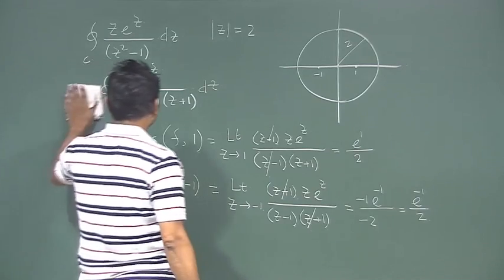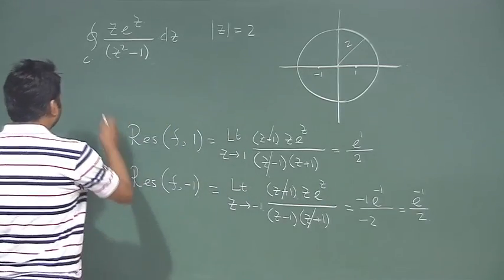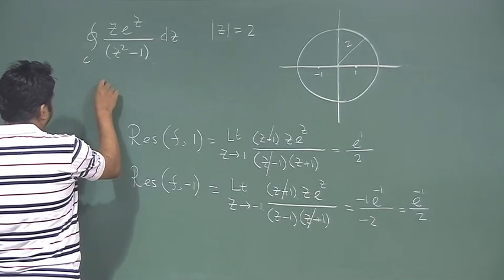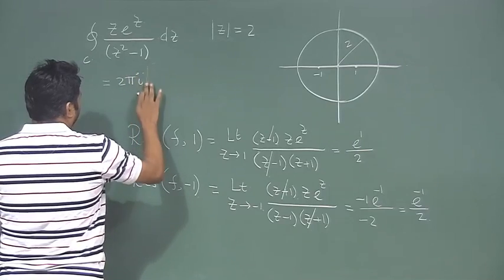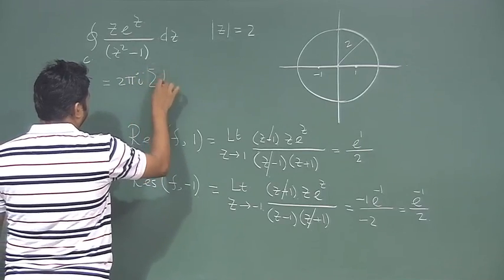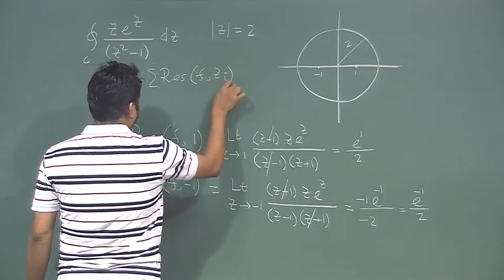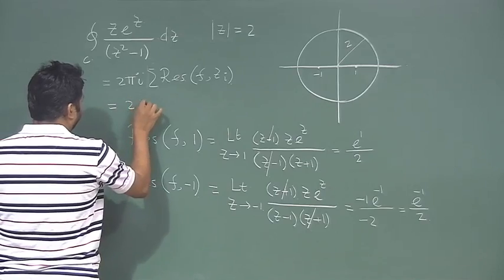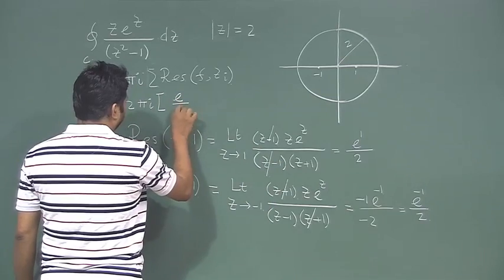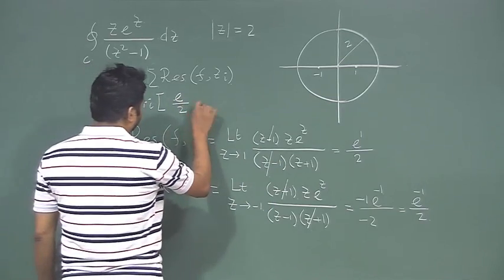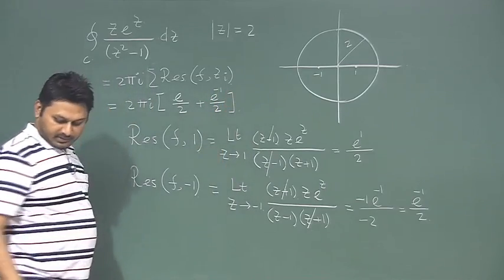Now, the next thing is just to put in these values. The value of the integration is 2 pi i times the summation of the residues of f at z_i. So, here it is 2 pi i, the first residue is e divided by 2, the second residue is e to the power of minus 1 divided by 2.